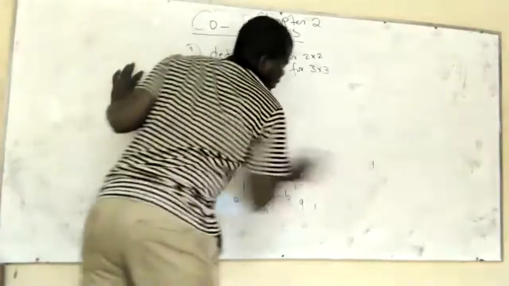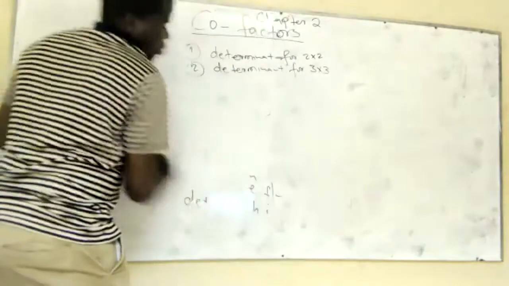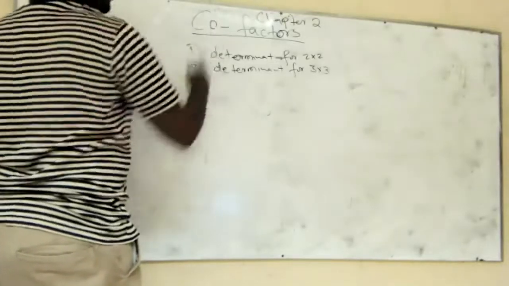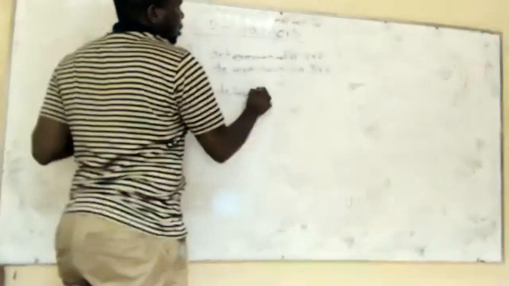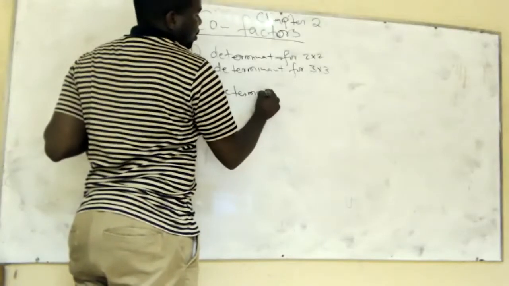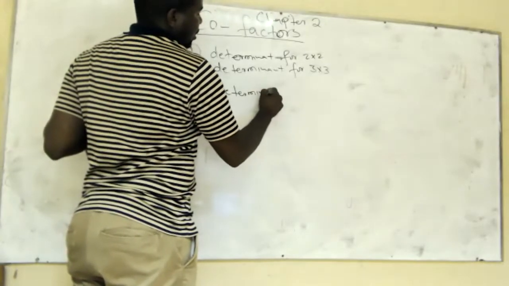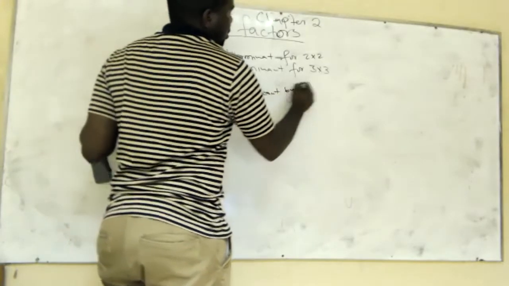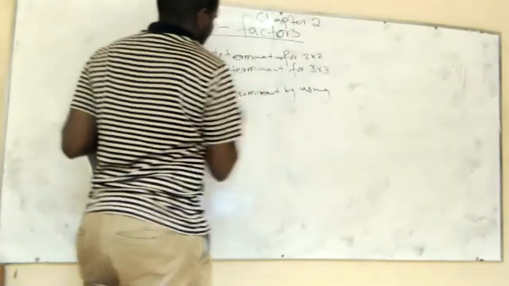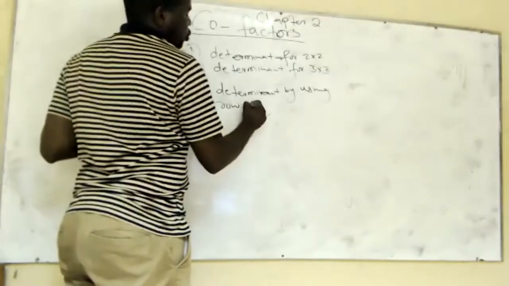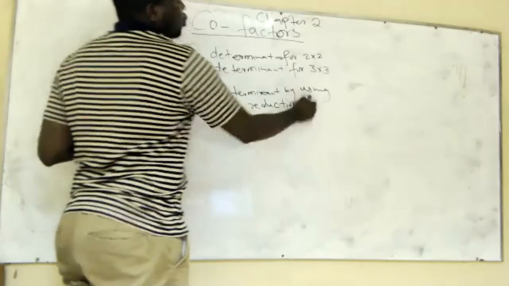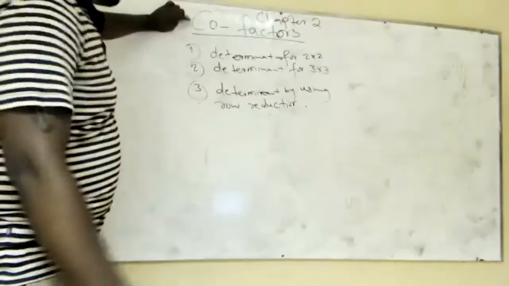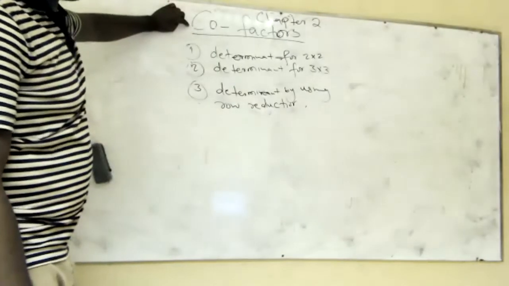Then the other important section which I want to revise with you before we get into the cofactor is calculating the determinant by using row reduction. This section I'm going to cover with you immediately after we finish with the cofactor.